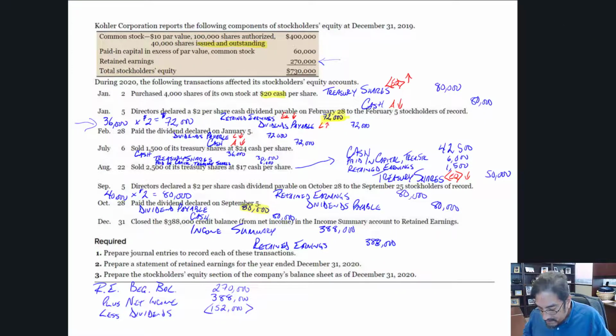And normally that's it. But if we go through here looking for every time we hit the retained earnings account, see, we hit it there for the dividend, and we hit it here for the dividend, and we hit it here for the net income, and we hit it here because of the treasury stock. So we need to record that also.